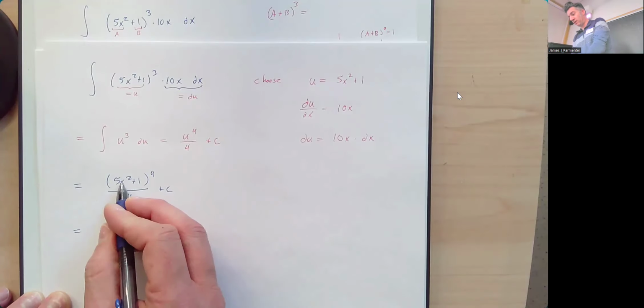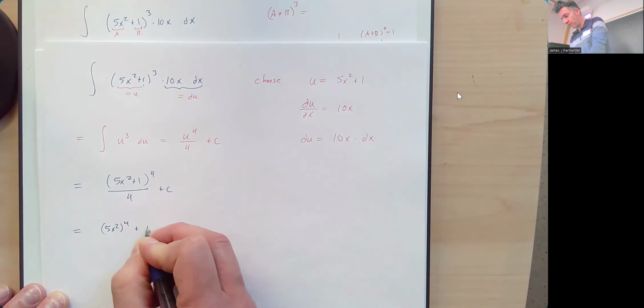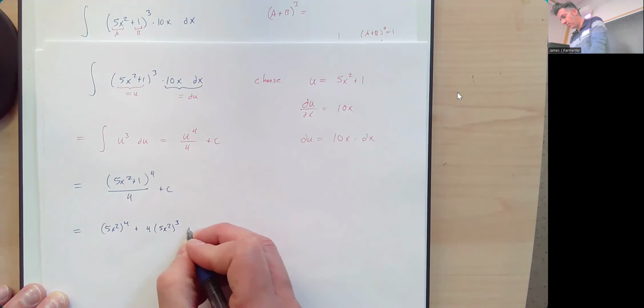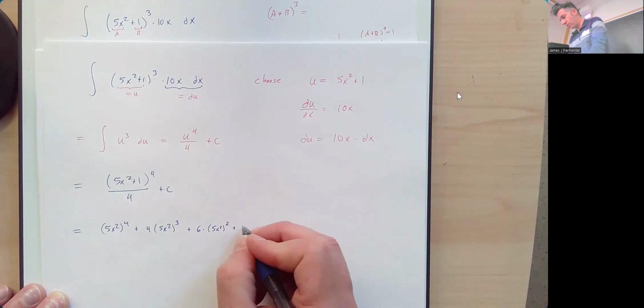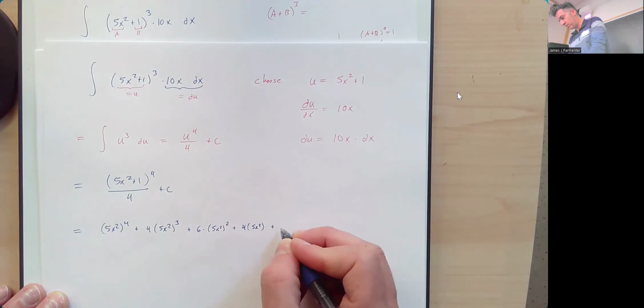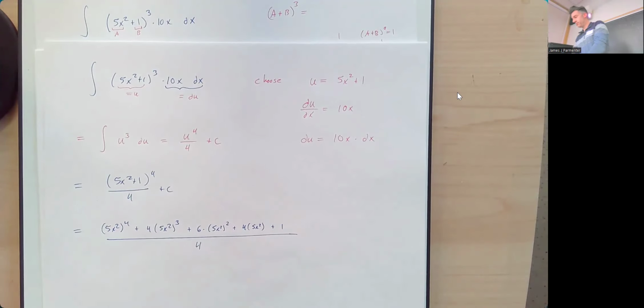I'm going to get my thing to the 4th, so (5x squared) to the 4th plus 4 times (5x squared) cubed times 1 plus 6 times (5x squared) squared times 1 squared plus 4 times (5x squared) to the 1st times 1 cubed plus 1 to the 4th.